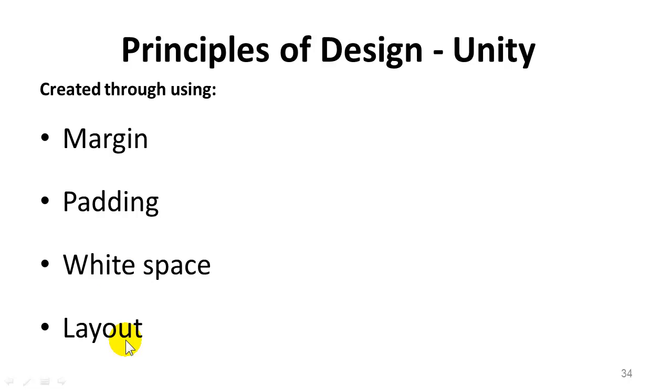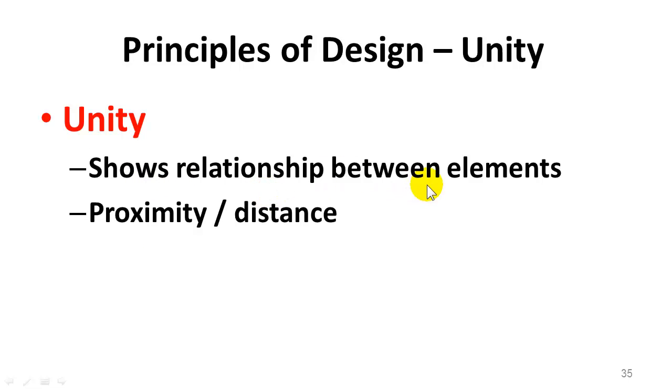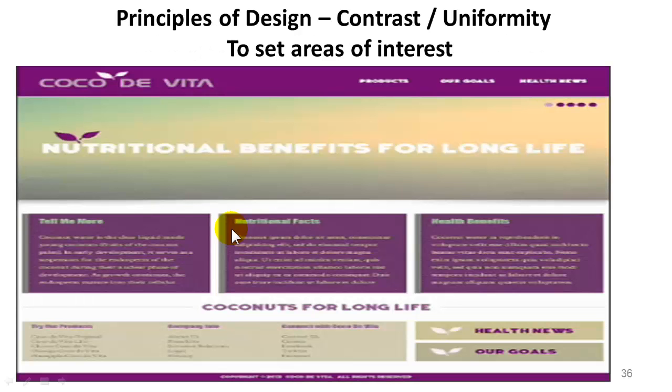Our brochure has unity. The website has unity. Our product has unity. It shows relationship between the elements by proximity or distance. Things closer together are more related, farther apart are more different.